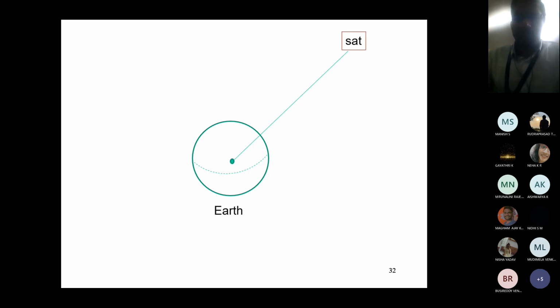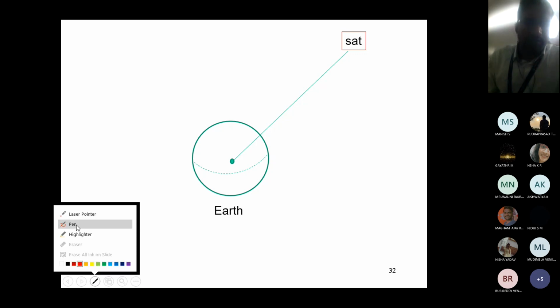So in the previous lecture, we discussed different terminologies related to satellite communication. Suppose this is the Earth and a satellite is rotating around the Earth.